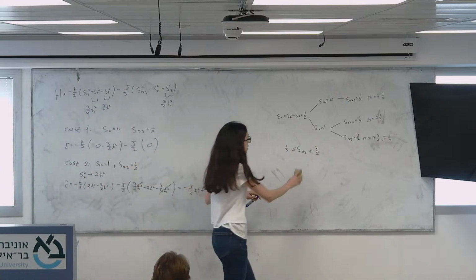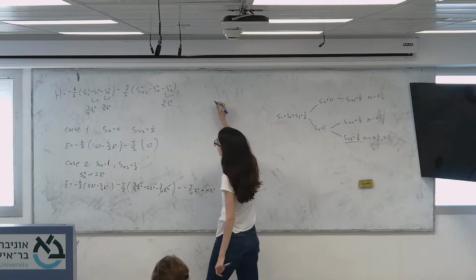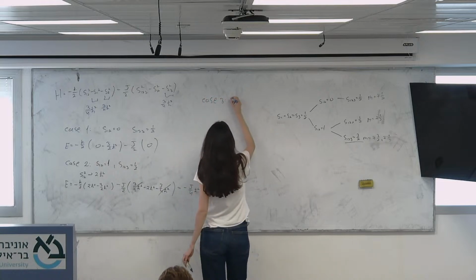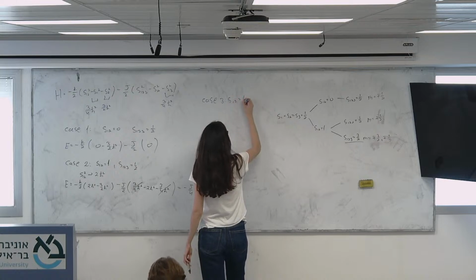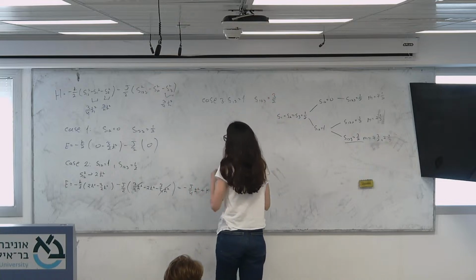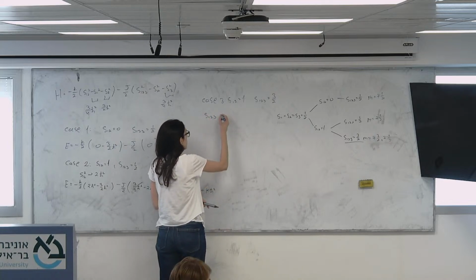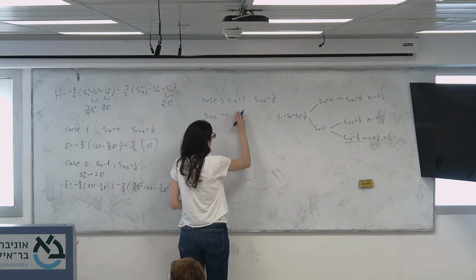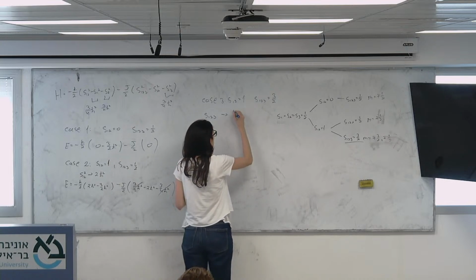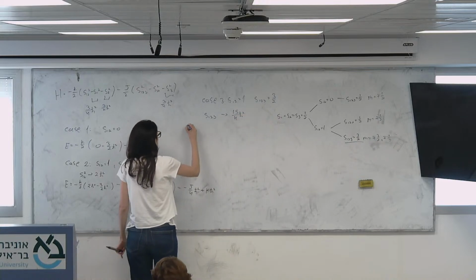Now let's go to the last case, where S123 equals 3 over 2. So now the expectation value of S123 square is going to be 3 over 2 multiplied by 5 over 2, so 15 over 4, and then the energy.